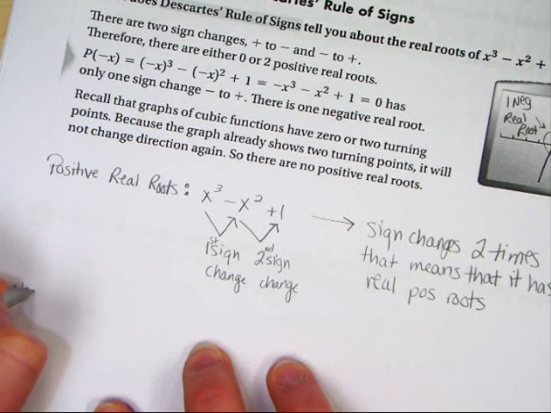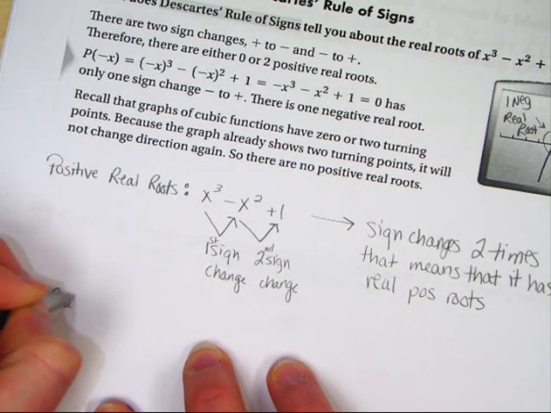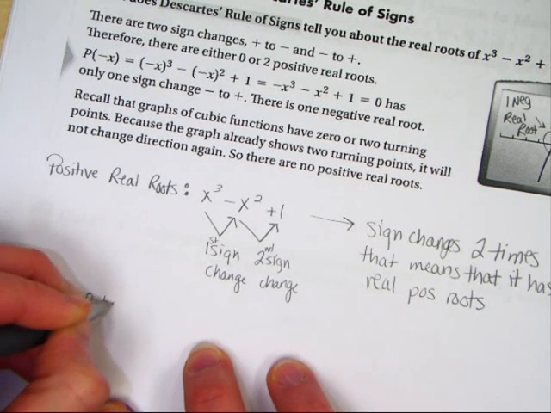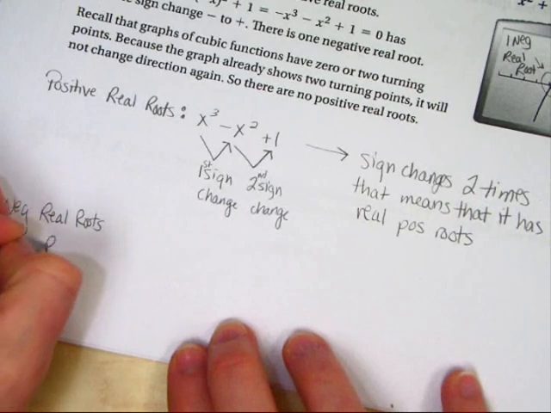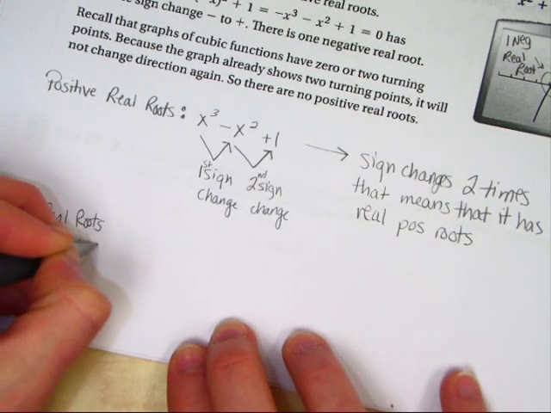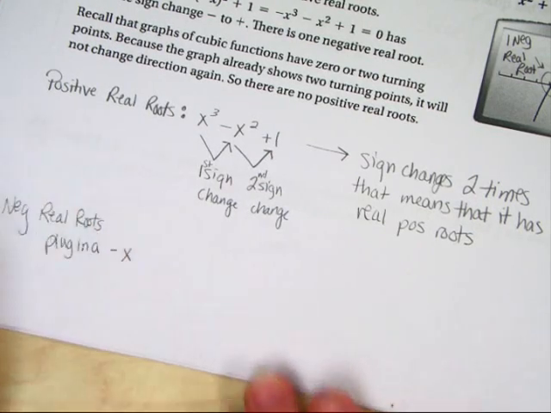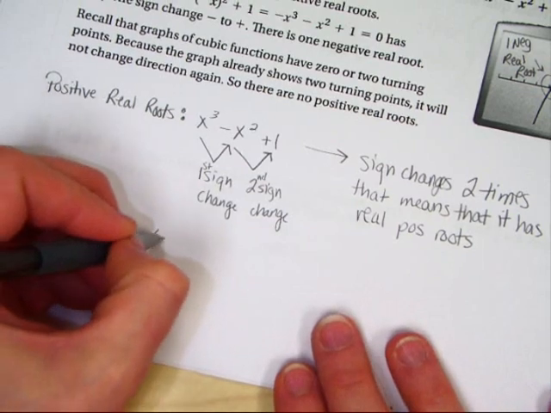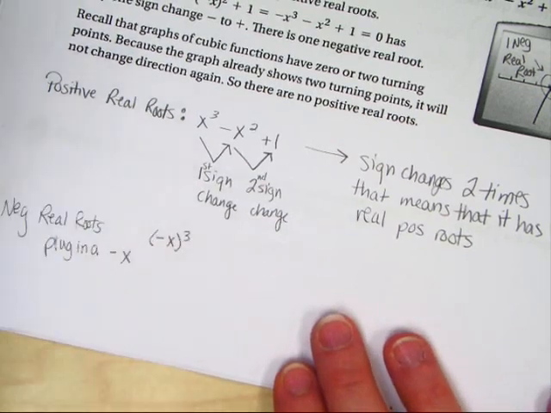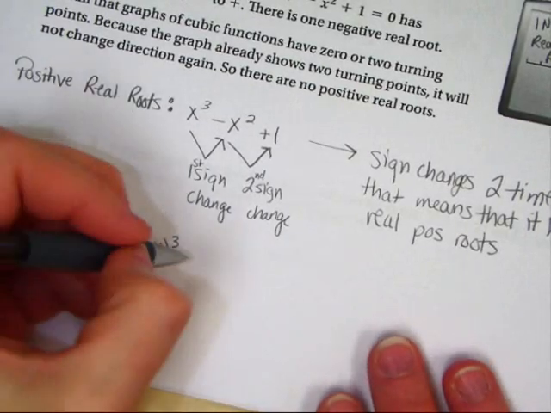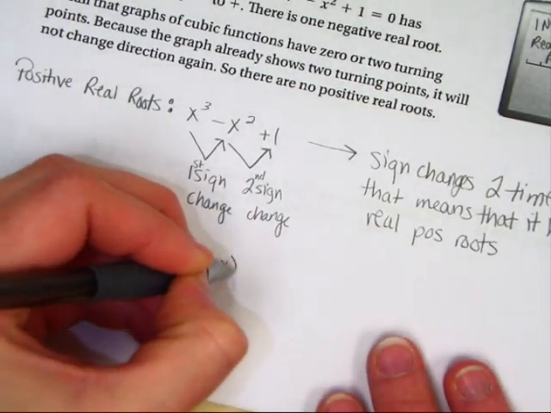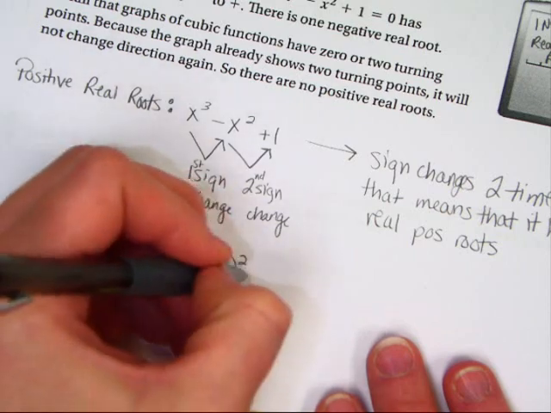All right, now the harder one, the negative real roots. In other words, how many times does it cross the x-axis on the negative side? So what I need to do is plug in a negative x. So I will have negative x quantity cubed minus negative x quantity squared plus 1.